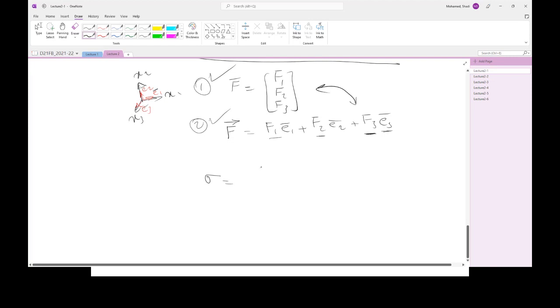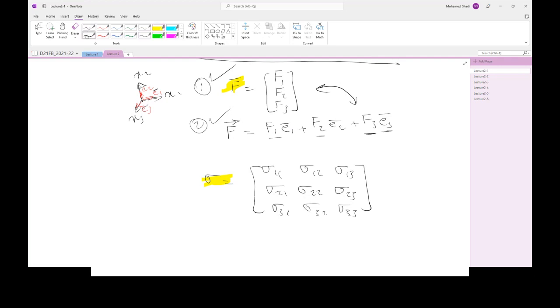So for sigma, you have sigma 11, sigma 12, sigma 13, 21, 22, 23, 31, 32, and 33. So this expression here is equivalent to this one here. And again, I should be using a bar here to express this as a tensor.